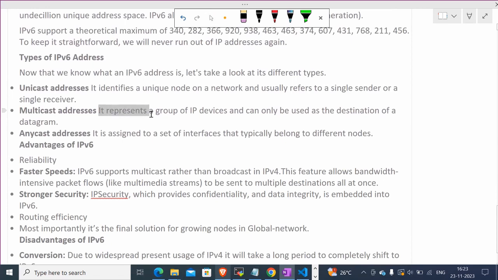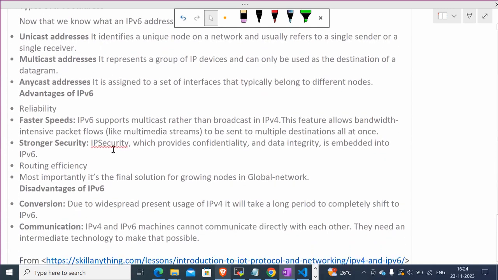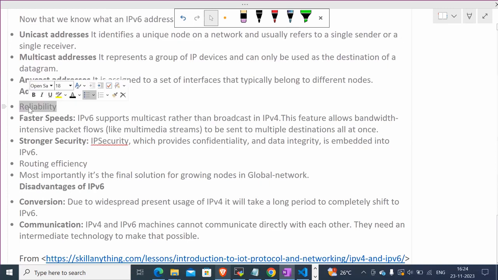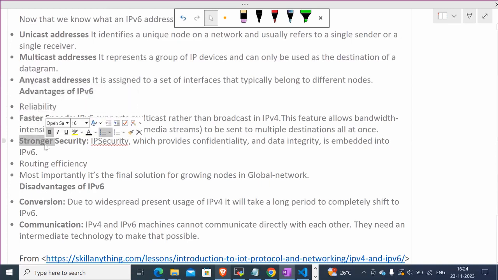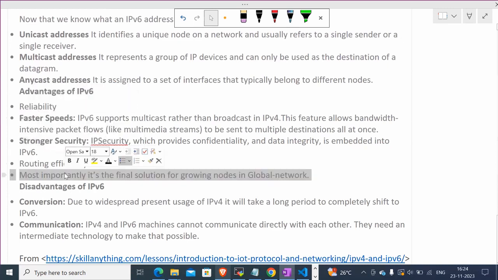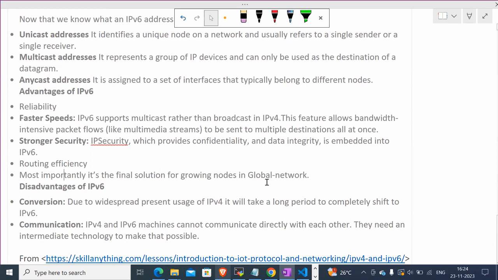Multicast address represents a group of IP devices and can only be used as the destination of a datagram. Anycast address is assigned to a set of interfaces that typically belong to different nodes. Advantages of IPv6: reliability, faster speed, strong security, routing efficiency. Most important, it is the final solution for growing nodes in the global network.